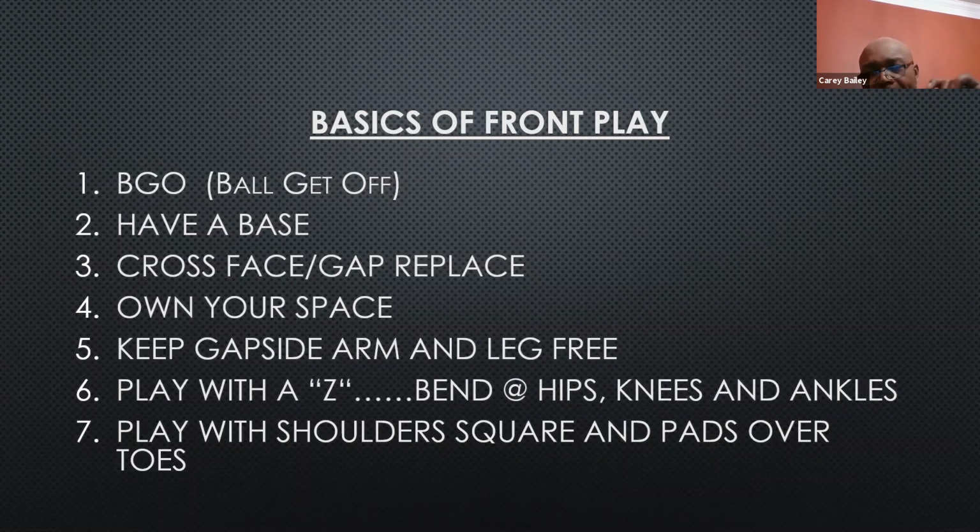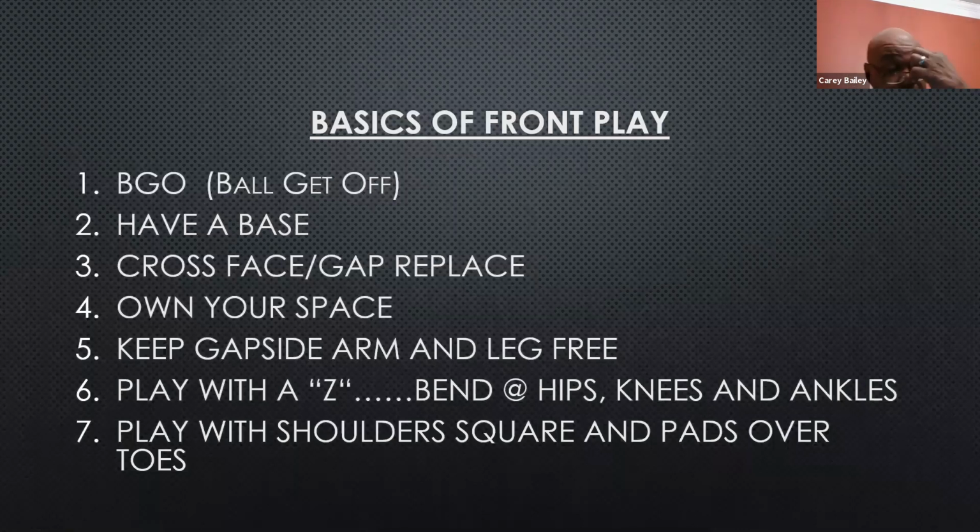5, keep your gap side, arm, and leg free. Going back to what I was saying earlier, in order for me to own my gap, talking about hashing our cracks, talking about our core rules and our man rules, in order for me to be able to own that gap, I have to have my gap side, arm, and leg free with regards to my body positioning as I'm playing that blocker.